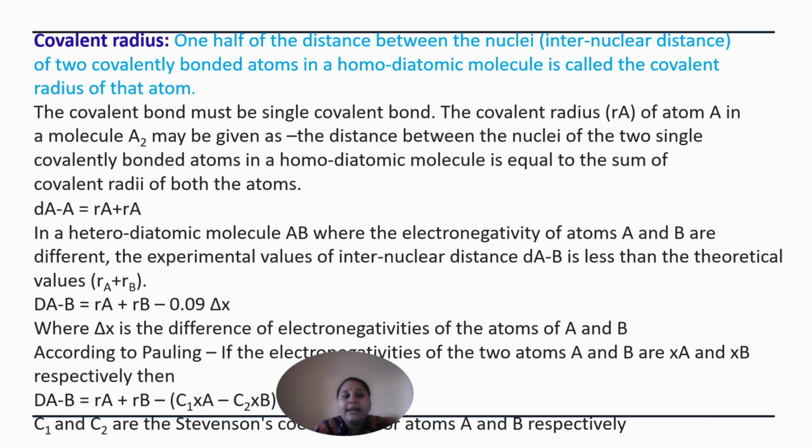So here delta X is taken as the electronegativity difference with a value of minus 0.09. So according to Pauling's electronegativity principle, if the electronegativities of the two atoms A and B are XA and XB respectively, then the below formula is given, and C1 and C2 are the Stevenson coefficients of the atoms.